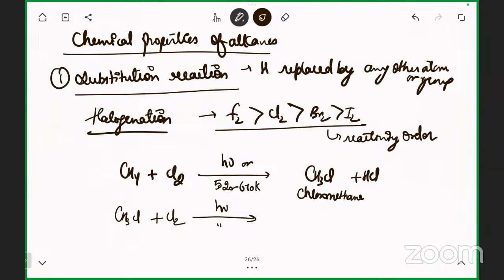One of the hydrogens will react with Cl, forming HCl. One more hydrogen, so it will be CH2Cl2. 2Cl means dichloromethane. Again the CH2Cl2 reacts with Cl2 in the presence of h nu or 520 to 670 Kelvin.